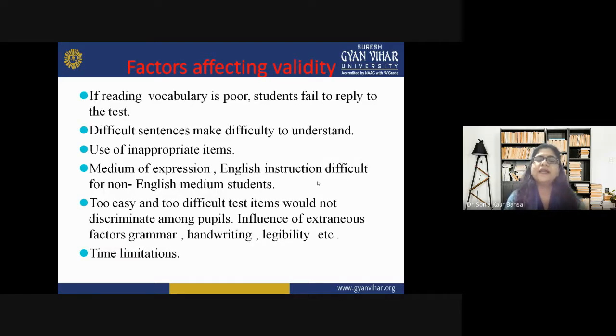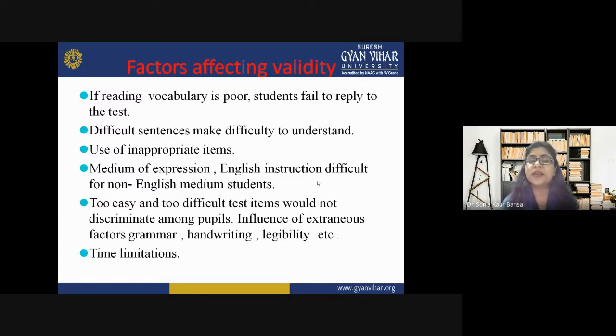Now let's understand in what way validity is sometimes affected in taking the test. So let's understand the factors affecting validity one by one. Firstly, if reading vocabulary is poor, students fail to reply to the test.